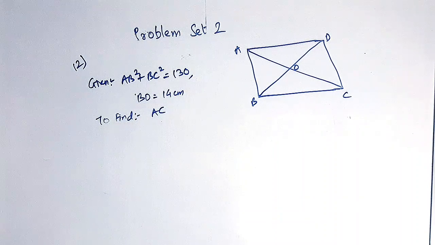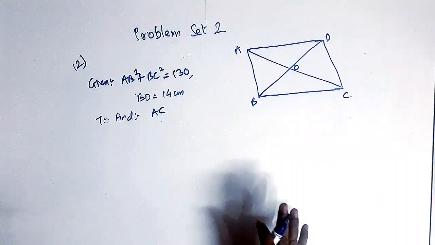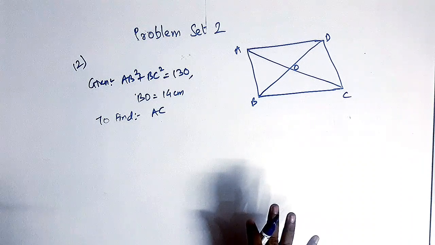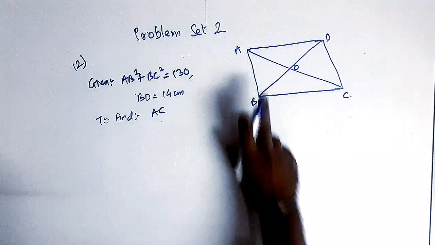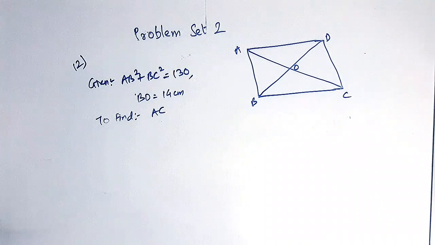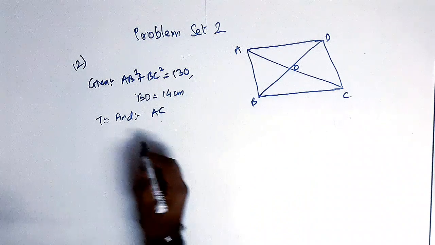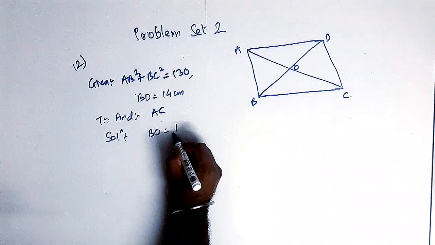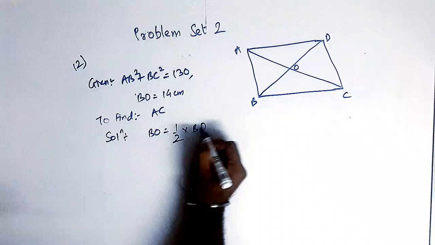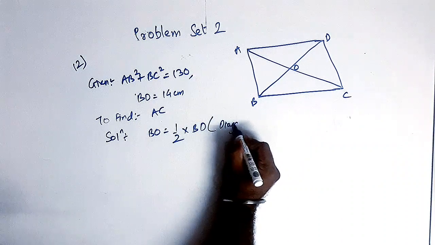First, in geometry, the very first thing is the question should be very clear to you. So AB square plus BC square is equal to 130, and BD is equal to 14. So here I can write BO is equal to half of BD, diagonals of parallelogram.